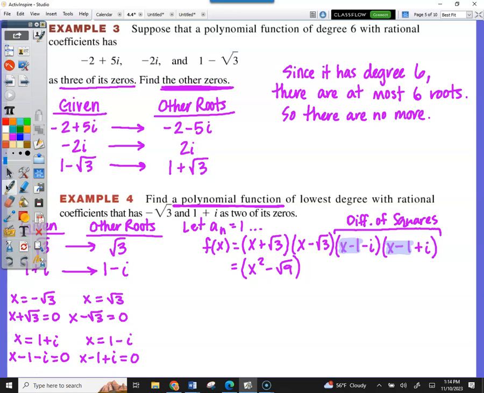Alright, so look at these parentheses and look right here. The highlighted part matches. It's the last part that's different. Remember we said multiplying a difference of squares. All you have to do is the first part and the last part.